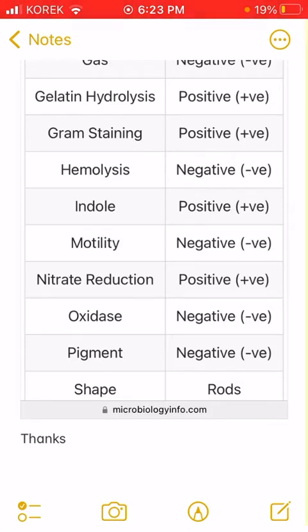Sorry guys, I'm a little bit sick as I say. Nitrate reduction is positive, so it means the bacteria is able to reduce nitrate. Oxidase negative. The oxidase is negative, and pigment is negative. We don't have any pigments in the bacteria.